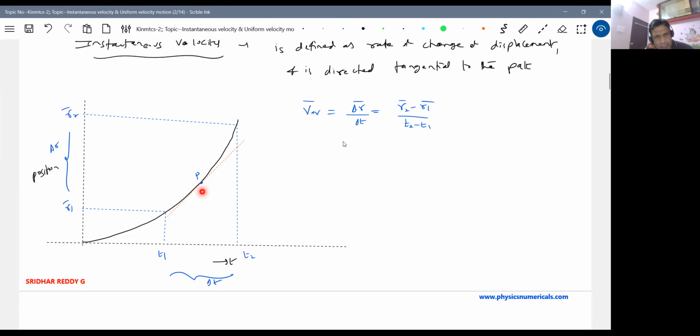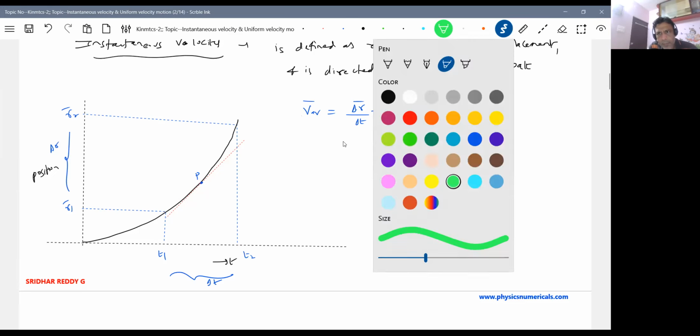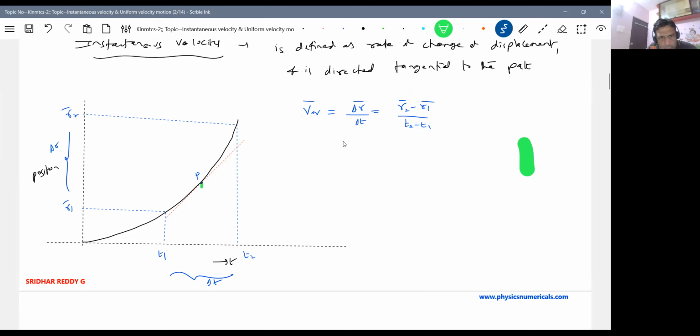Then here, if delta t tends to 0, it means t2 comes very close to t1. What happened now to delta t? Earlier, this was delta t. Delta t tends to 0 means it will become very small, and then we'll call that dt.